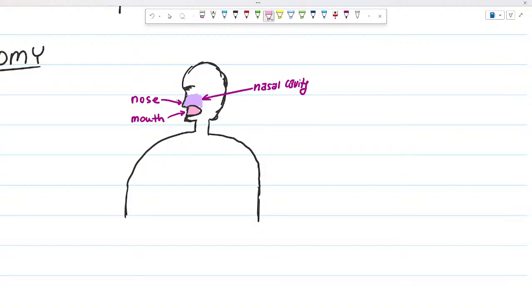So we've got the nose leading into the nasal cavity and we've got the mouth. And where those two things meet up, at this structure back here that we commonly call the throat. Does anyone know the formal name for the throat? Ooh, you'll get there actually.